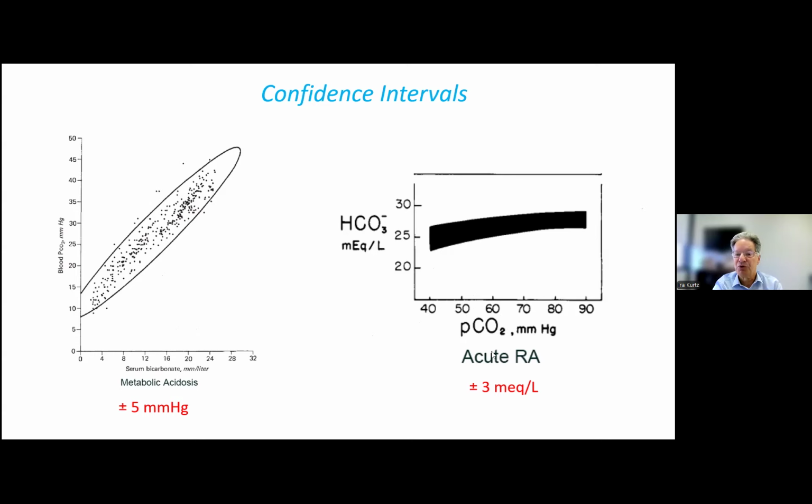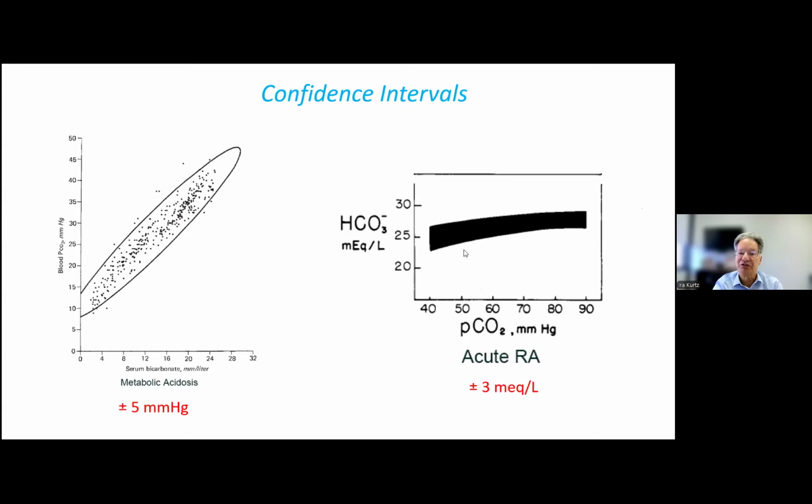And remember, the rule is for every 10 increase in the PCO2, the bicarb goes up 1. This is all due to the bicarbonate buffer reaction. But again, you can see there's some scatter in the bicarbonates here. We say a change of 10 for a change of 1, but there is a range. At any bicarbonate, it's plus or minus 2 or 3.